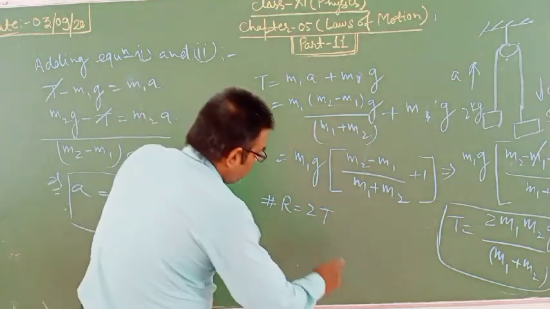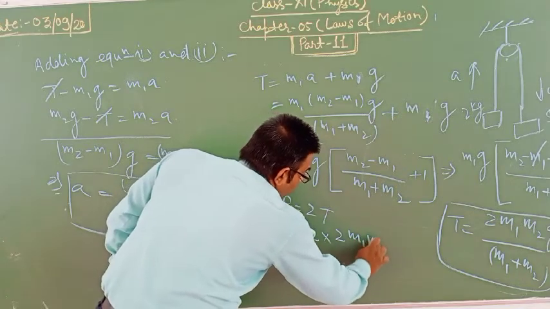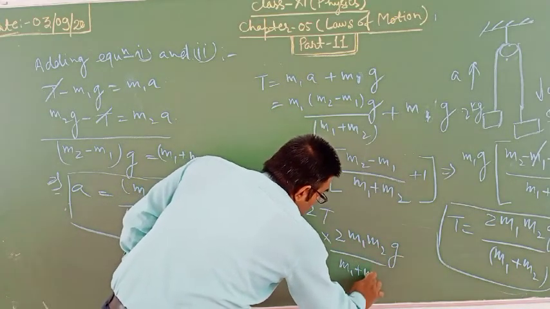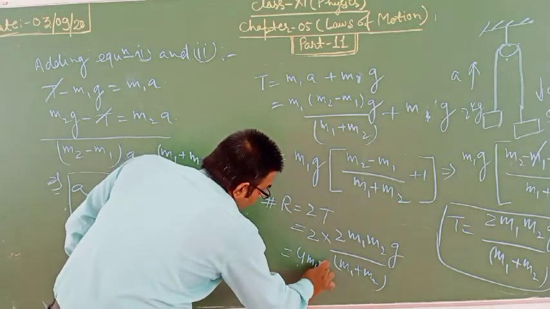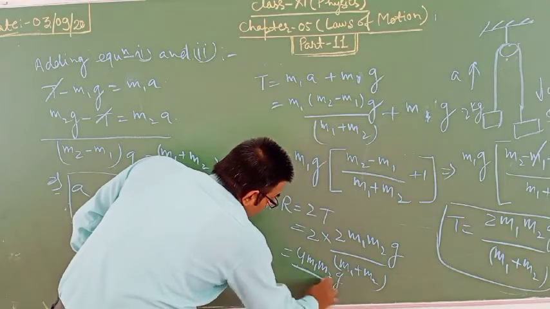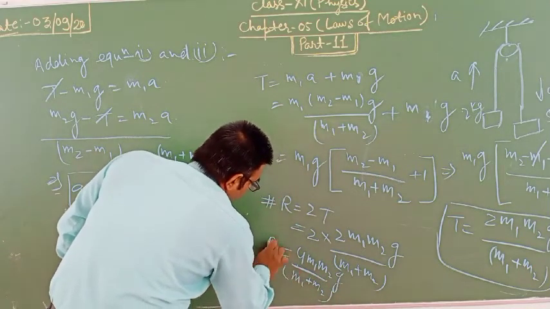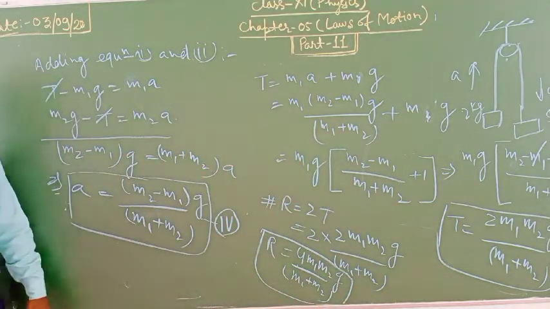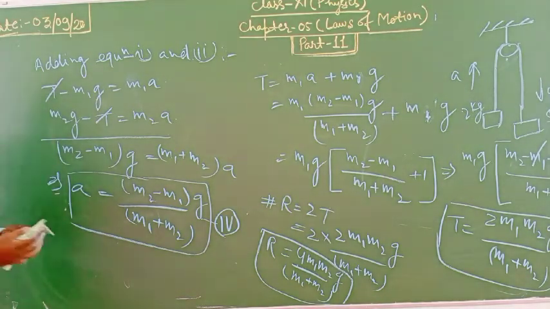Then you can do 2 into 2 m1 m2 g upon (m1 plus m2), and from here you get 4 m1 m2 g upon (m1 plus m2). This is the normal reaction produced with the pulley.